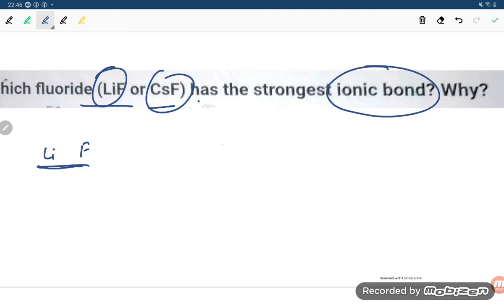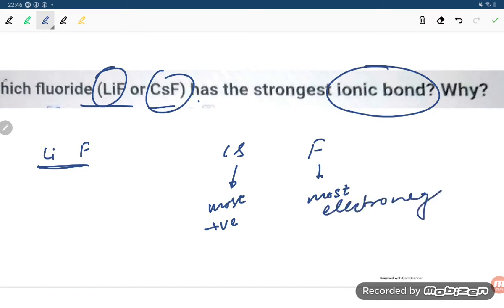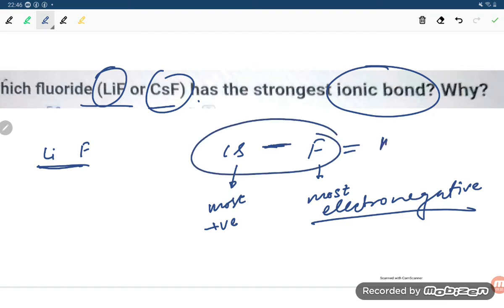Cesium is the most electropositive and fluorine is the most electronegative. Comparing these two, if you calculate the electronegativity difference for cesium and fluoride, it will come more automatically.